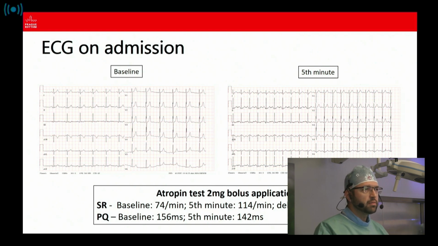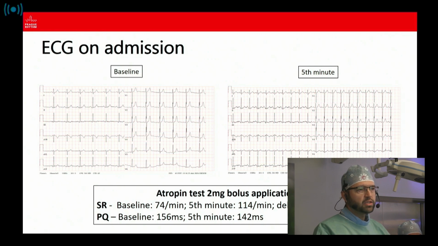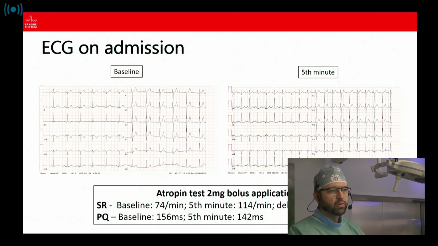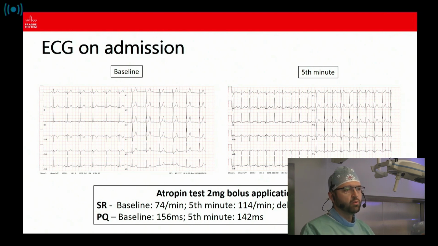And here you can see that at baseline she had 74 beats per minute, and in the 5th minute after the full vagolytic dose of atropine, she had a heart rate acceleration to 140, so the acceleration was 40 beats per minute, which is 65% of the baseline heart rate. And you also can notice that there is also a shortening of the PQ from 156 to 142, which is typical for a reflex dysfunction of the AV node.